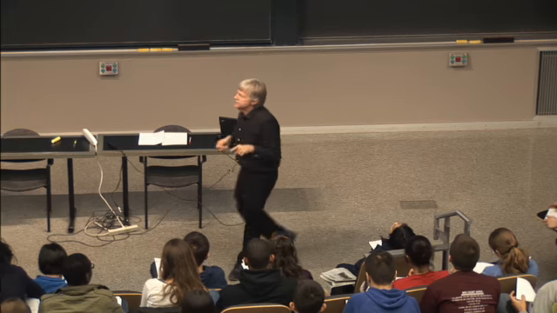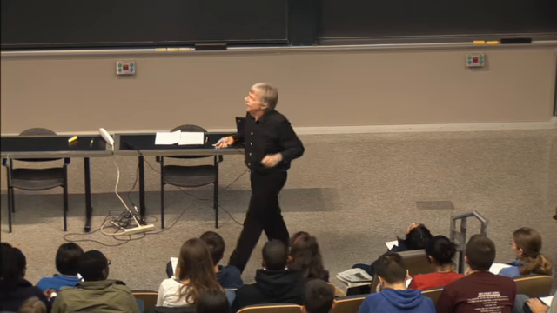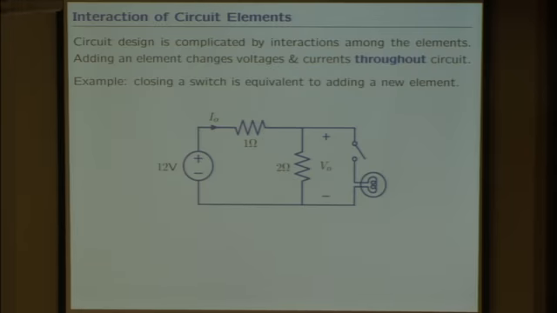And one of the hardest things to deal with is the idea that in a circuit, unlike in a linear time invariant system of the type we talked about in the previous module, the presence of every element affects the currents and voltages through, in principle, every other element. So if you change one thing, you change everything.